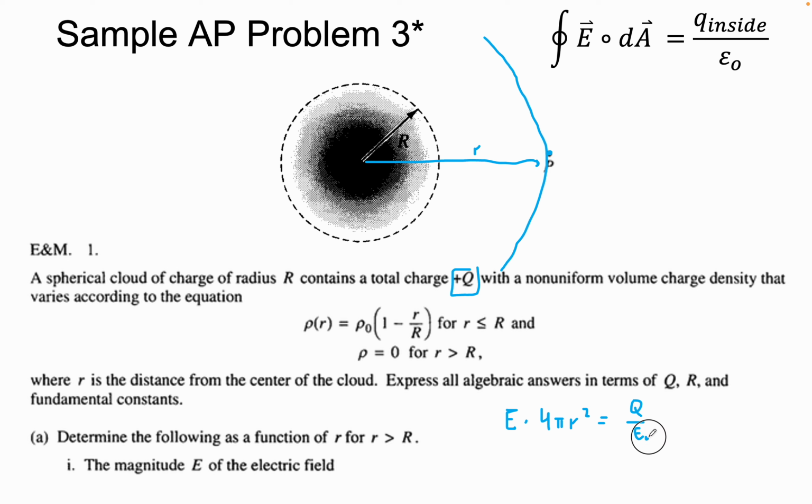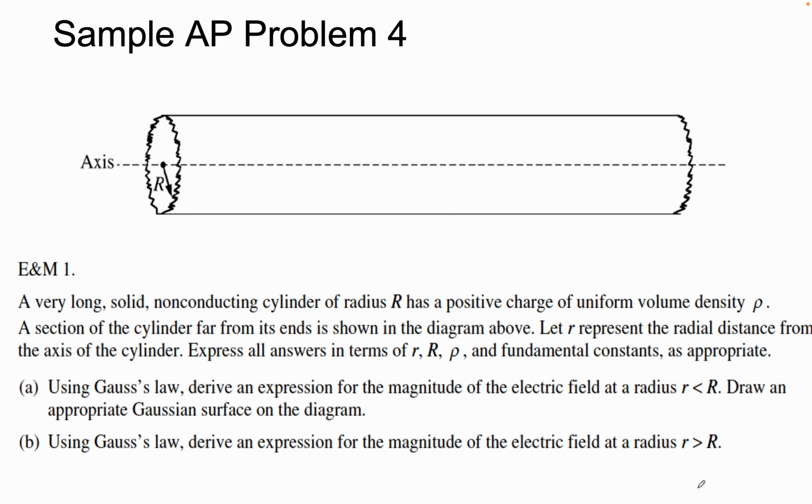So the answer for this one, even though this problem was actually really painful, I haven't shown you the rest of it, is simply this: Q over 4 pi epsilon naught r squared. And hopefully you could recognize that right away and go, oh yeah, I got that. That's an r, believe it or not, small lowercase, squared.